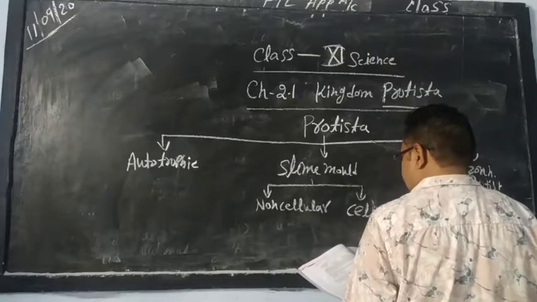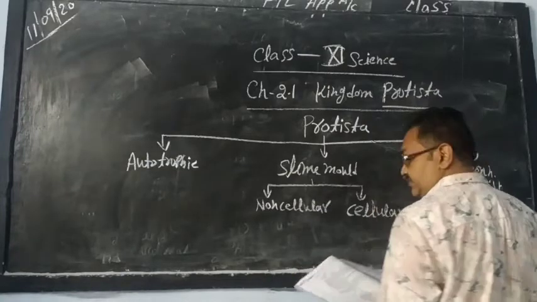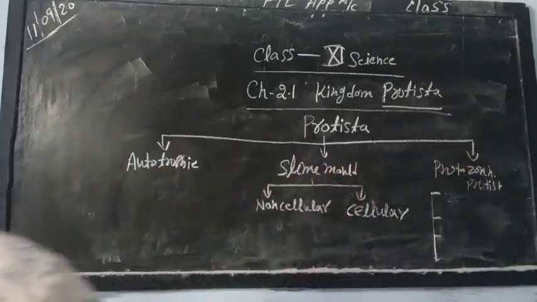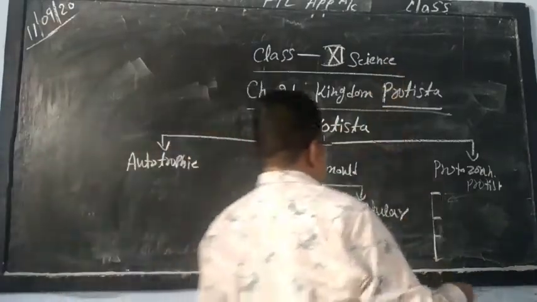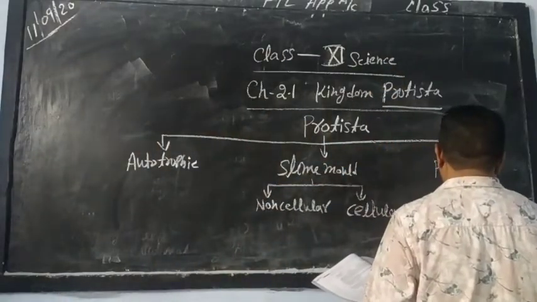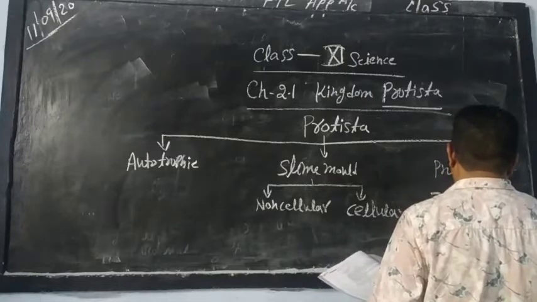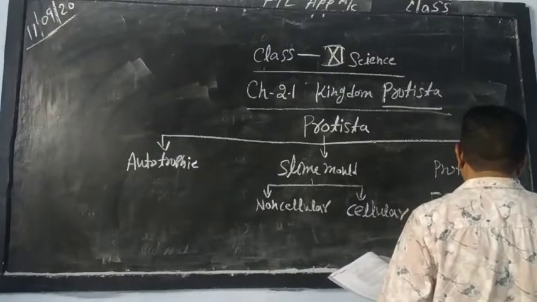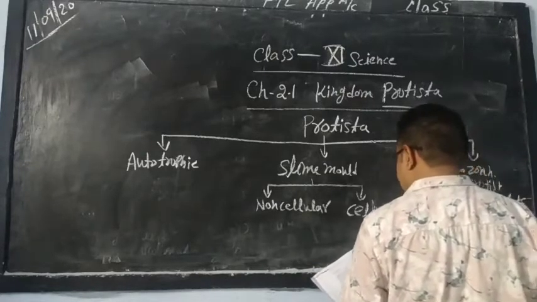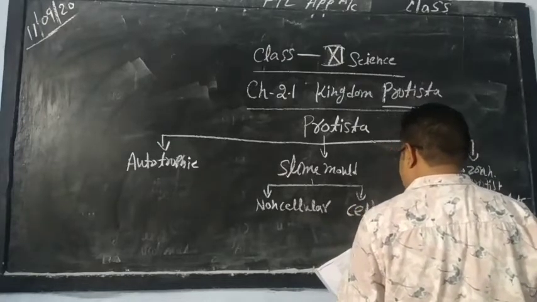First one is zooflagellate: zoo, flagellate. Second one is sarcodines.